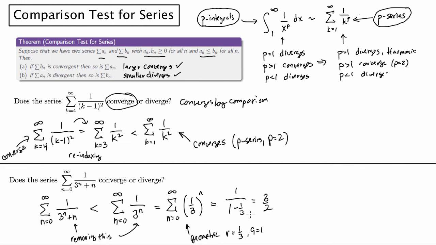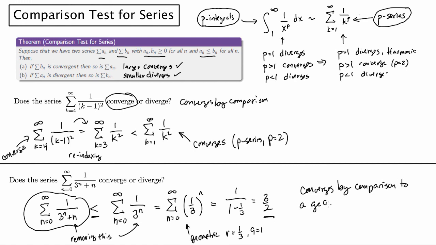So the point is that this sum that we started with is less than 3/2. So this one converges by comparison to a geometric series with common ratio less than 1, which means it's a convergent series.